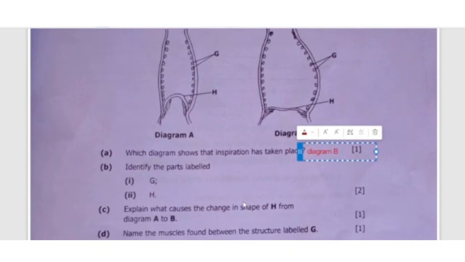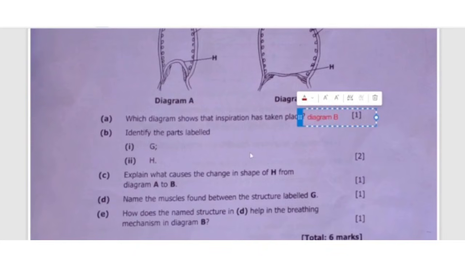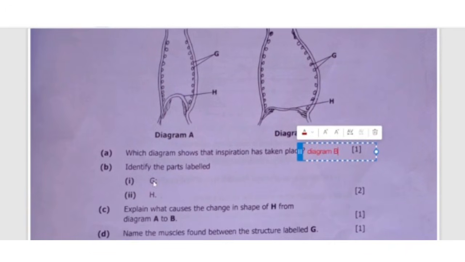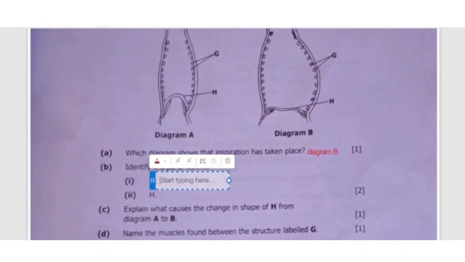Now we come to question 6b, which is identify the parts labeled G and H. Okay, so let's start with G. These parts which are labeled G, these parts are leaves. Okay, so G is equal to leaves.